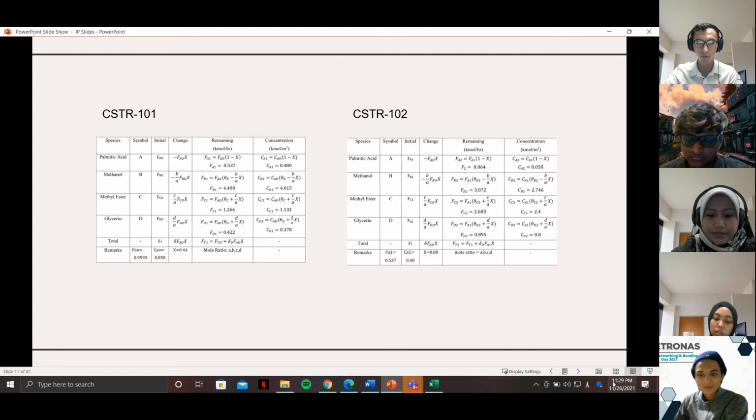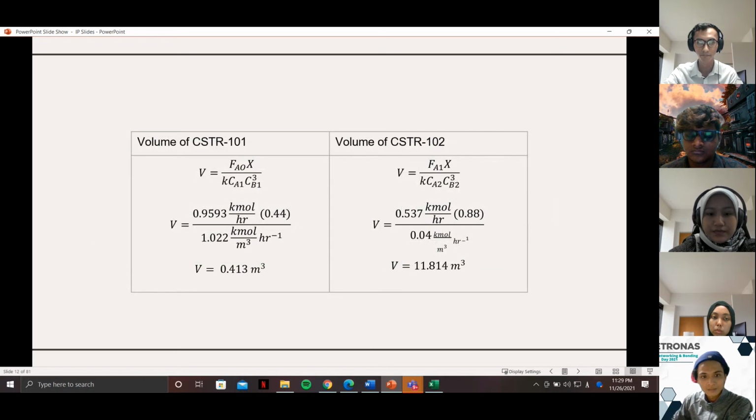For both models, the difference is at the conversion, where CSTR1 only converts 44%, while CSTR2 holds about 88% conversion. The flow rate and concentration were obtained to calculate the initial volume flow rate and reactor volume in the next slide. So next slide.